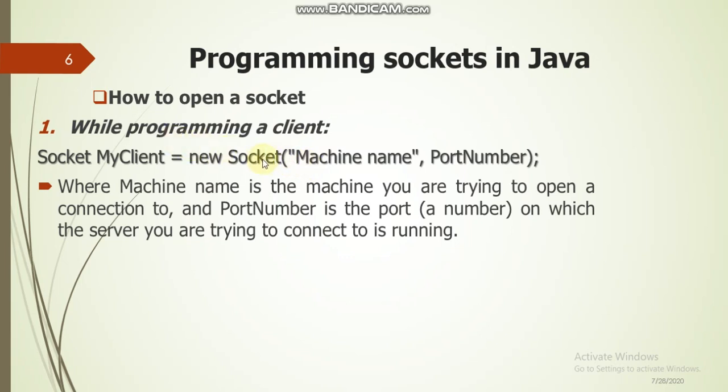In brackets we specify the machine name and the port number, where the machine name is the machine we are trying to open a connection to, for example, a server. You can use the machine name or the IP address. The port number is just the port number on which the server we are trying to connect to is running.